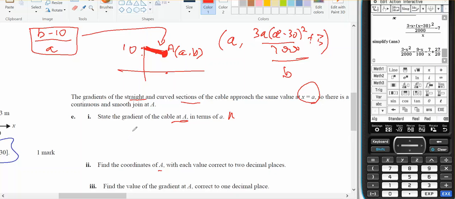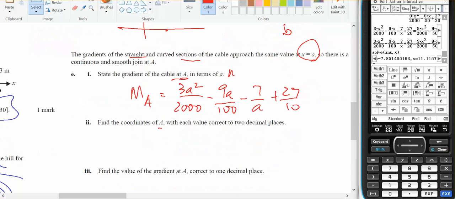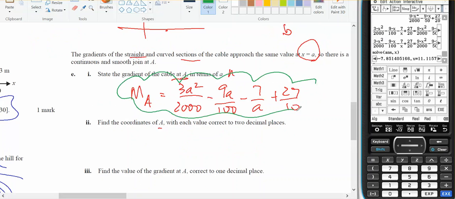So the gradient at A is going to be, in terms of A, 3A squared on 2000 minus 9A on 100 minus 7 on A plus 27 on 10. Okay, so how am I going to find the coordinates of point A? Now, like a good VCAA exam, the bit before that they ask you to find is usually used in the next bit.